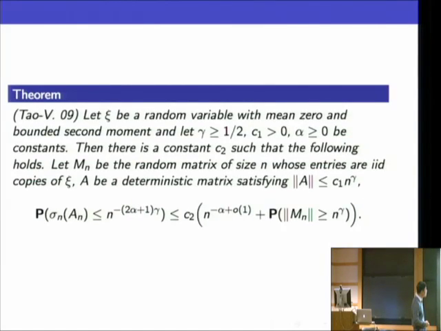Then we know that the norm of the random matrix is less than square root n, so this term is negligible. And here we have half, so if you take the half here, you have n to the minus alpha plus half. And here you have n to the minus alpha. So we got back the Rudelson-Vershynin result with an extra little o(1) term. But this theorem works for any A, which can have polynomial norm.